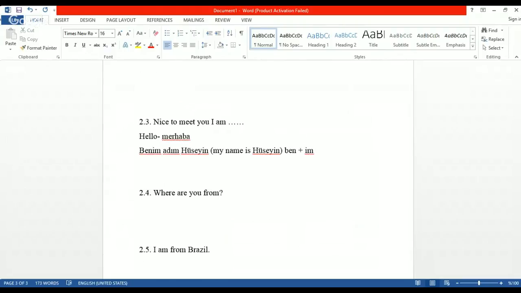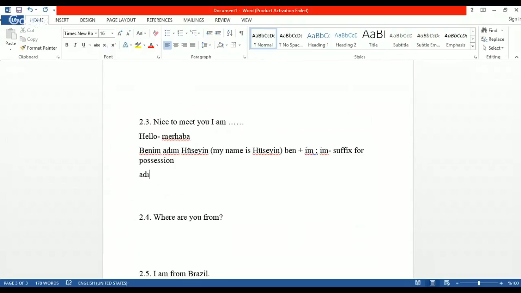I'll teach these later, but im is basically possession. So ben means I and benim means mine. So let's take a note here. Im is a suffix for possession. And adım is ad, name, plus um.